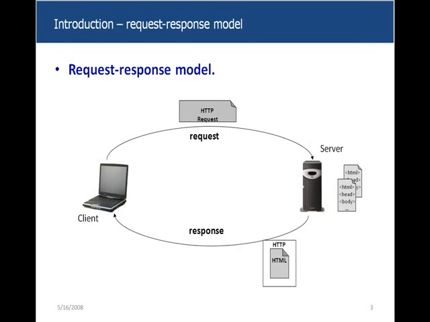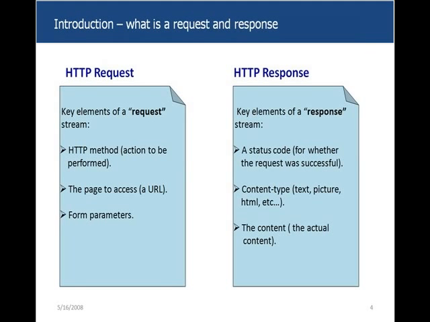Now that we have discussed what a request and response is, let's look into more details of the HTTP request and HTTP response. Let's see what the key elements are for a request and response. First the request. The key element for a request is the HTTP method. We will discuss the HTTP methods and the differences between the various methods later in the session.